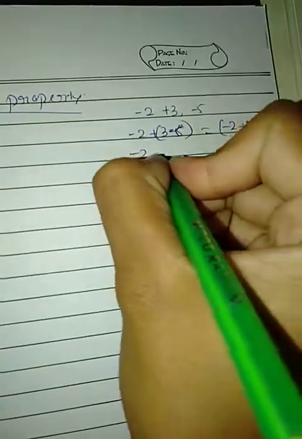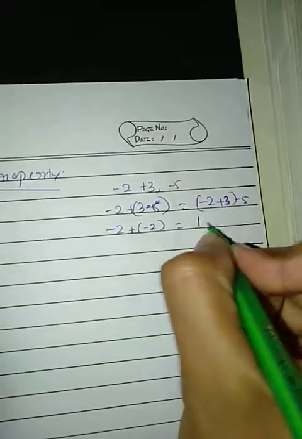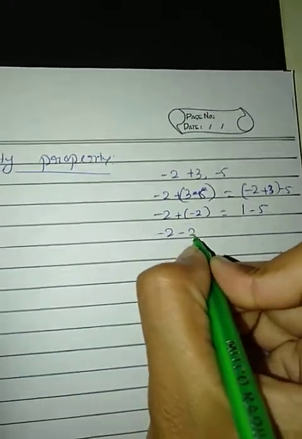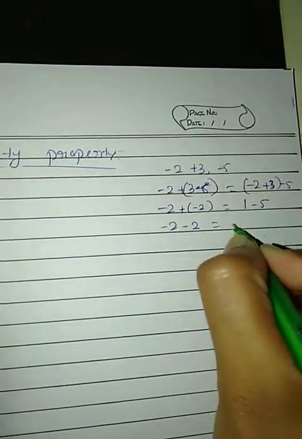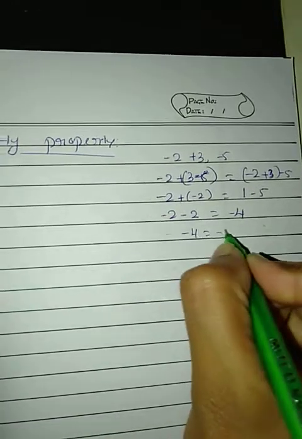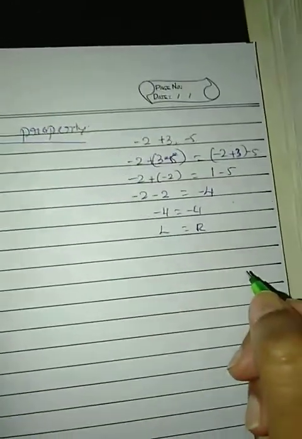So 1 minus 5 is -4, and -2 plus -2 is -4. Here also LHS is equal to RHS. So the associative property also holds good for negative integers.